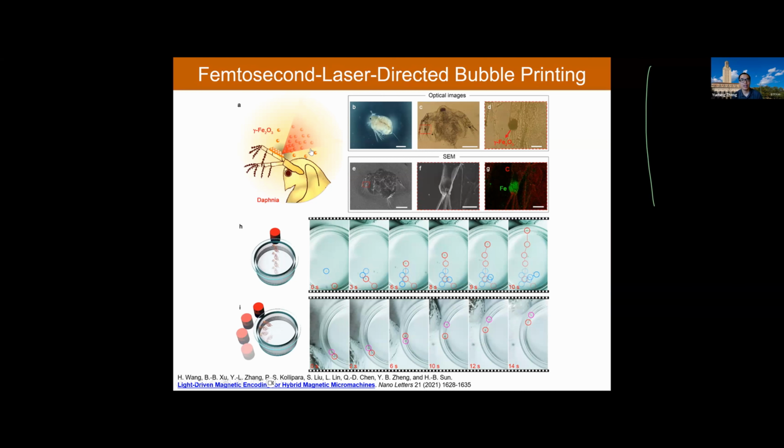So in this case, we can use a femtosecond laser to generate bubble printing to create magnetic particles on the insect. So we can use a magnet to control the behavior of these insects. So we are trying to use this to interfere with the insects or the fish or birds, hopefully to understand the collective motion at a deeper level.